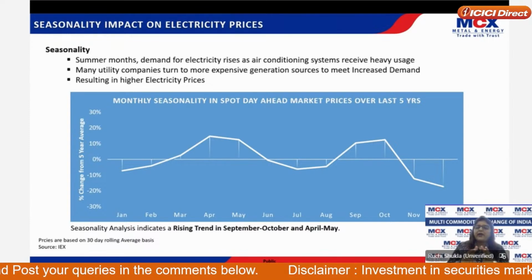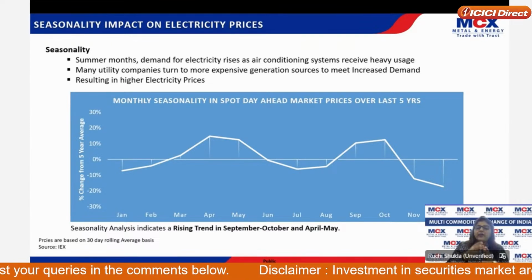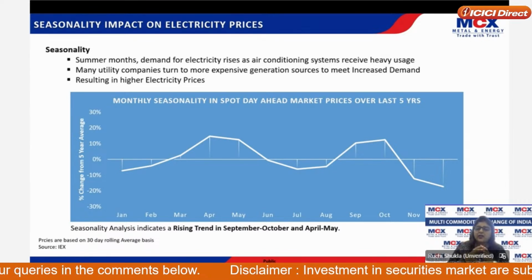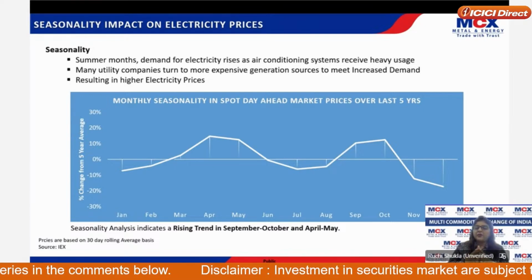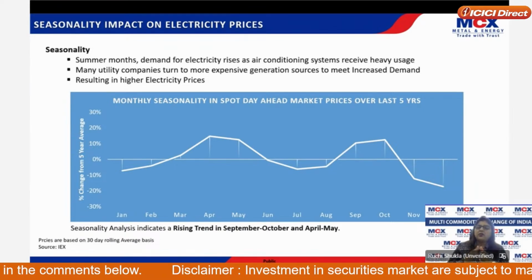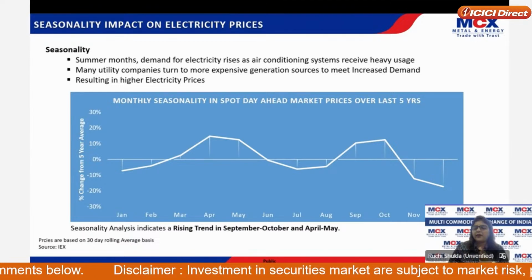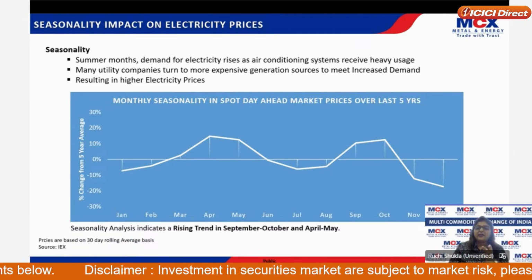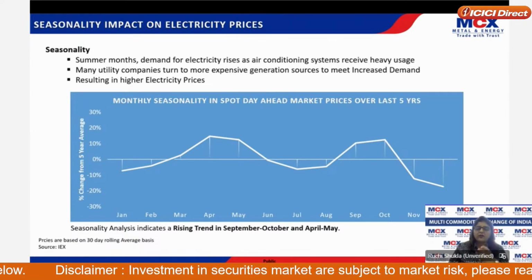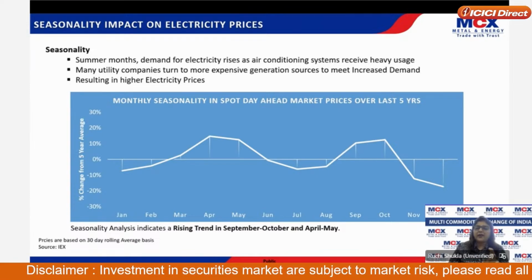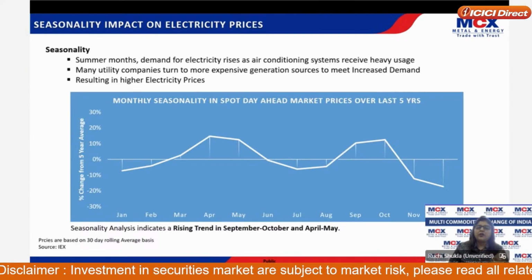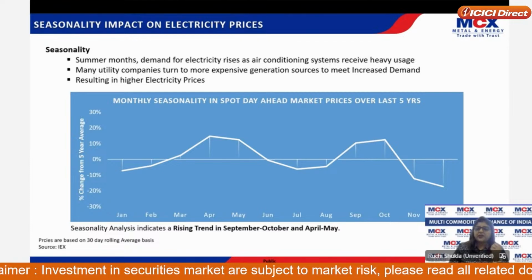Most of them have planned outages in December, when they are shut down for maintenance. So the demand is on the lower side on the industrial side, and that is why we see a tapering impact. This seasonality is one of the major impacts visible on the prices, and this can be easily looked into through the different websites we have discussed.